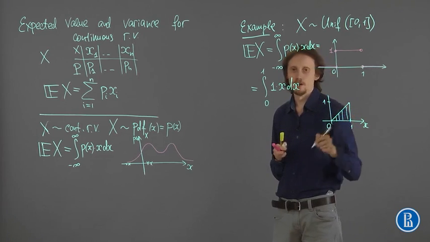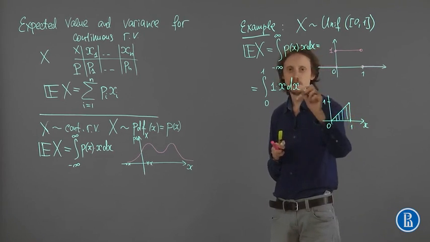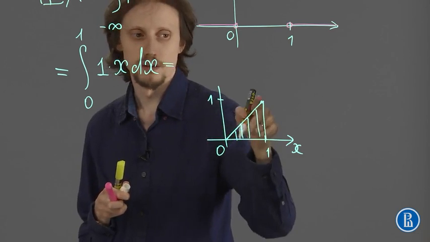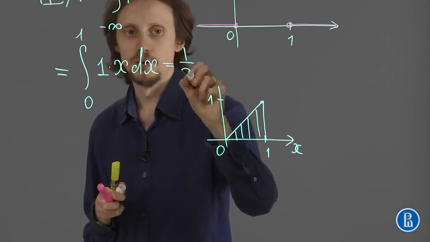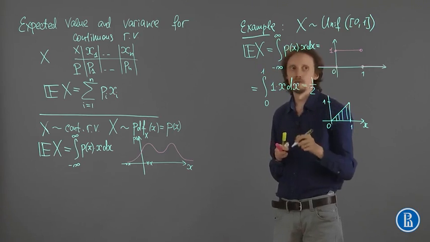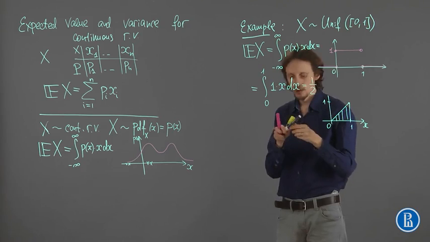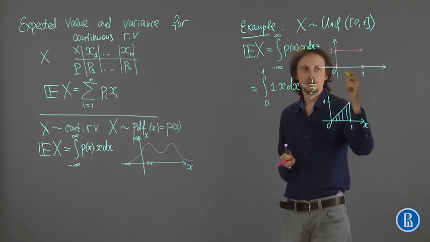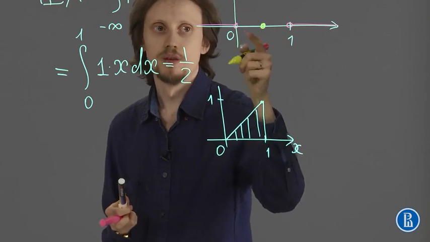So this is the area of this triangle, and its area is equal to 1/2. So the expected value of this random variable is 1/2, which is quite natural because it is in the middle of the segment.